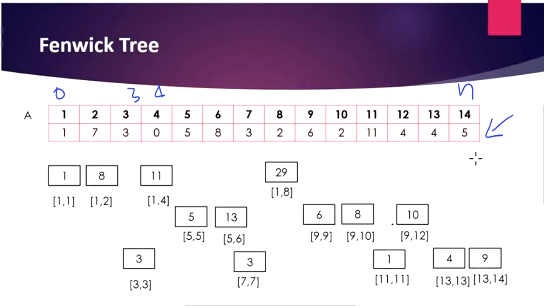So instead of calculating from the 0th index to the nth index every time, the Fenwick tree helps us calculate the prefix sum of certain ranges and store it in a tree-like data structure, so that we can easily access the sum of a range by just calculating certain values at certain ranges. So we are going to understand how.